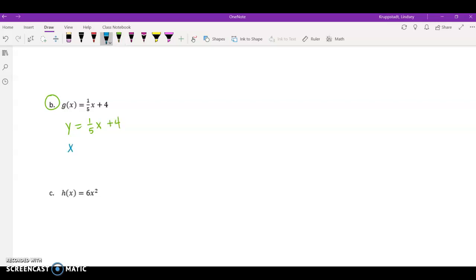But then I'm just going to switch my x's and my y's. So I still have the 1/5 and I still have the 4. Now I just need to solve this for y, get y by itself. I'm going to subtract 4 from both sides. I'm going to run out of space, so I'm going to move it over here. So x minus 4 equals 1/5 y.